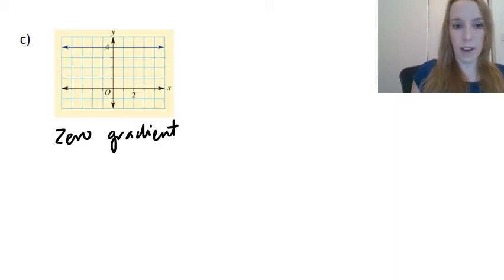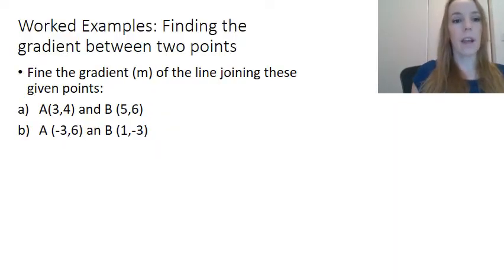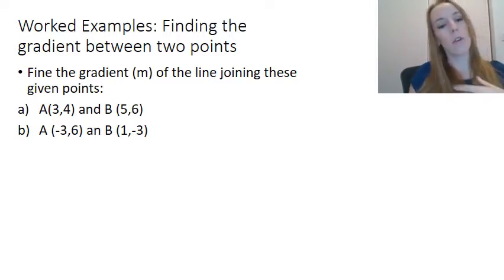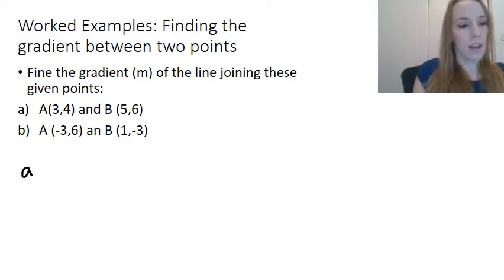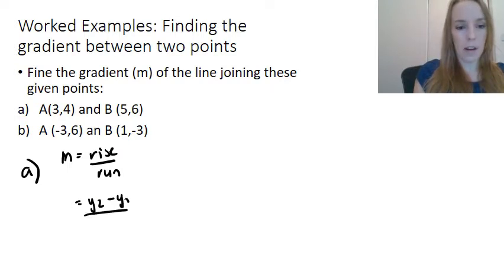Okay, so worked example, finding the gradient between 2 points. Find the gradient of the line joining these given points. So for A, we've got the coordinates of A, and for B, we've got the coordinates there. So for A, we're going to use our formula, gradient equals rise over run. So we've got y2 take y1 over x2 take x1.